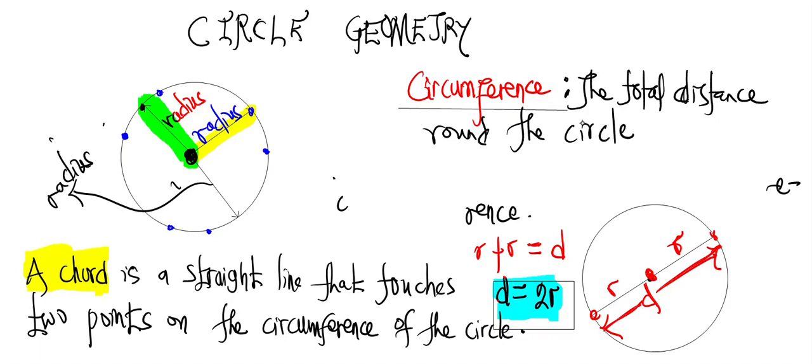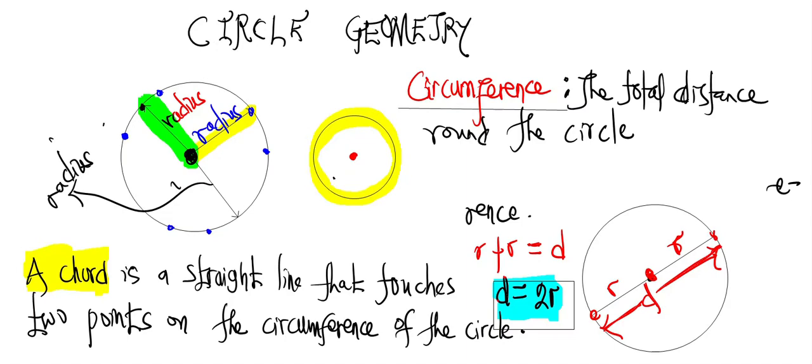So if you have a circle and we have the center of the circle, the distance around the circle is called the circumference of the circle.